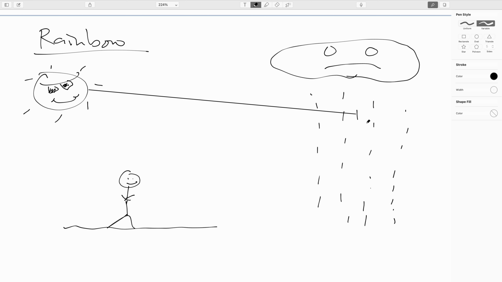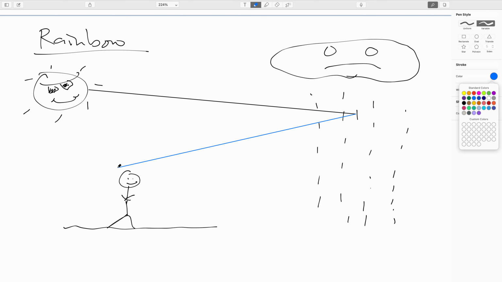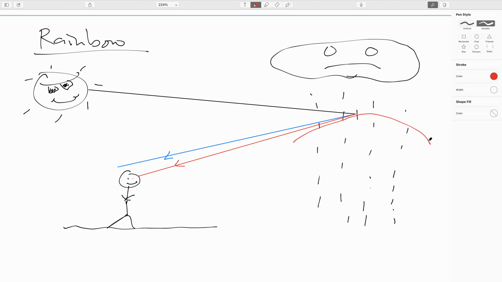And the blue light will have a combination of reflections and refractions. If it's up this high, it's actually going to miss your head. But the red light will make it to your eye. So when you look here, you see red.